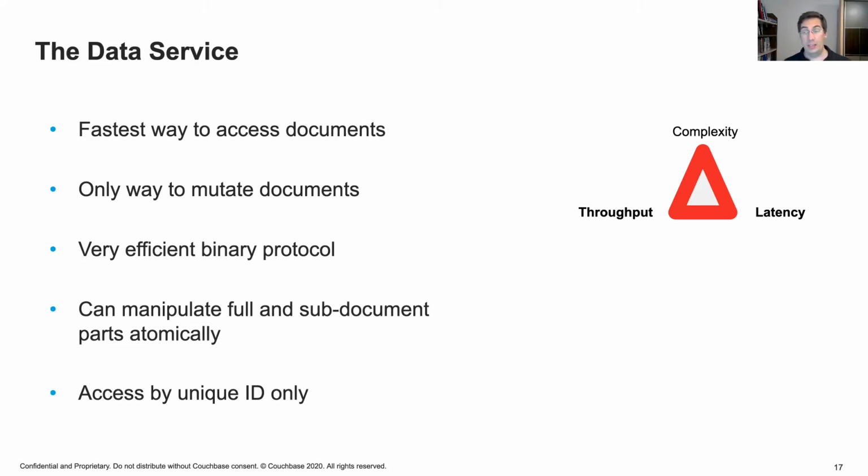The important limitation to keep in mind is you need to have the document ID to fetch it. If you don't have the document ID, you need to go through services like query to fetch document IDs or fetch the contents of documents through, let's say, a WHERE clause. And an index that backs it, of course.